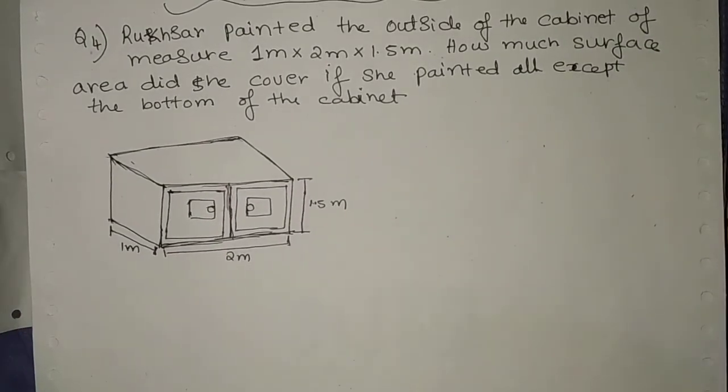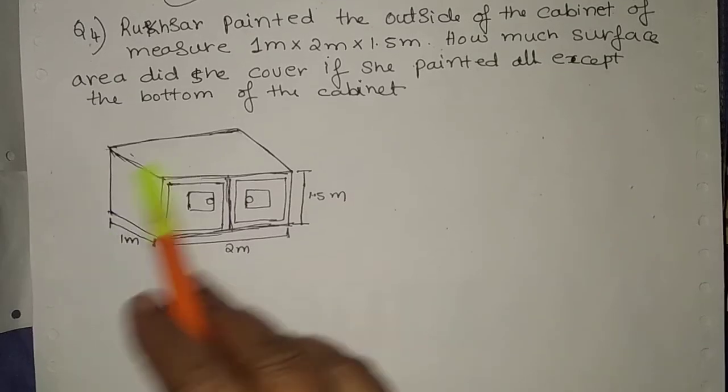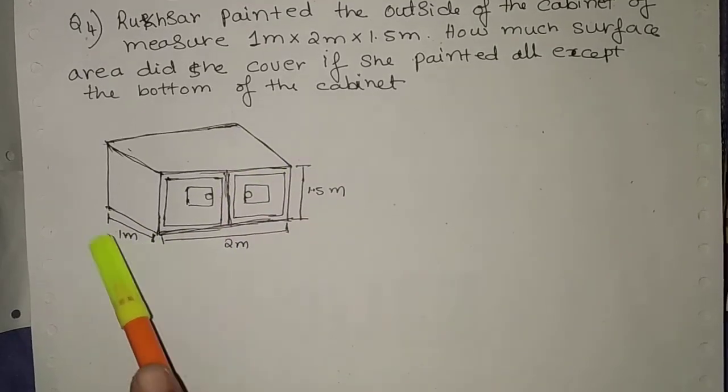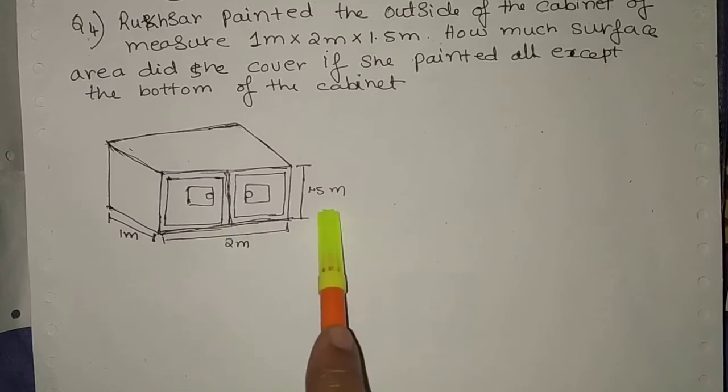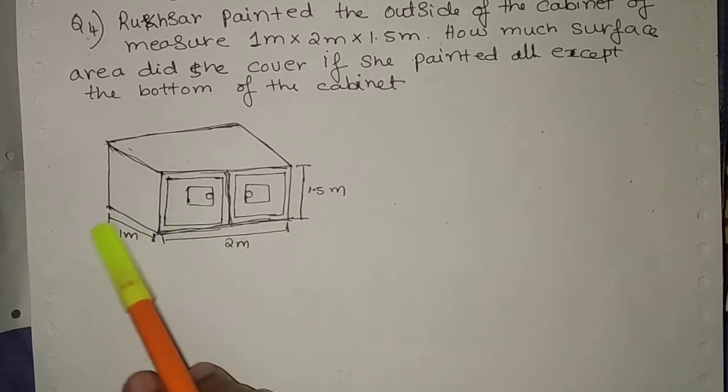So here, Ruksa painted the outside of the cabinet measuring 1 meter into 2 meter into 1.5 meter. How much surface area did she cover if she painted all except the bottom of the cabinet? So this is a cabinet of measure 1 meter, 2 meter and 1.5 meter.